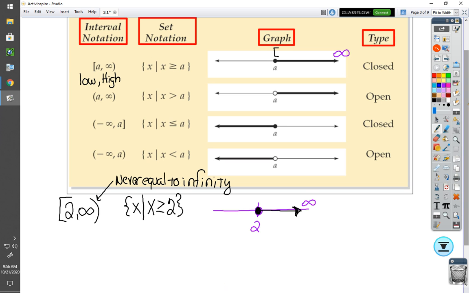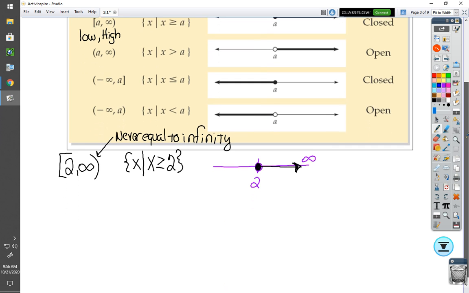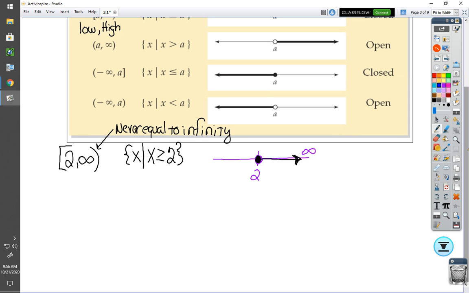I'm going to switch colors. We're going to go do the next example. We're doing this one right here. I'm still going to infinity, but the difference here is now I have a parenthesis or an open dot. A parenthesis means open dot, and it means not included. Everything in this picture will be exactly the same.